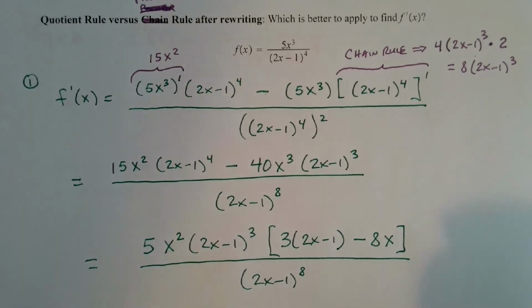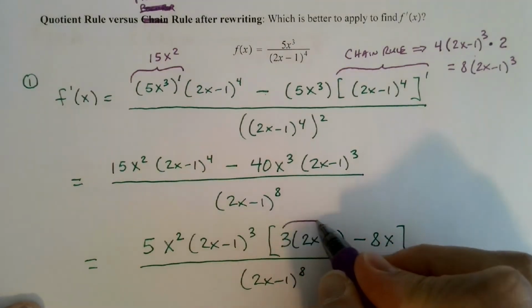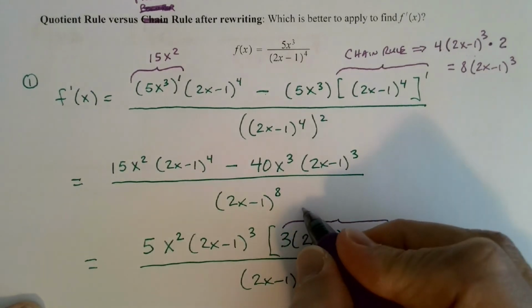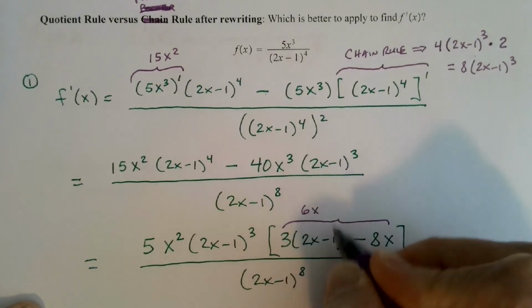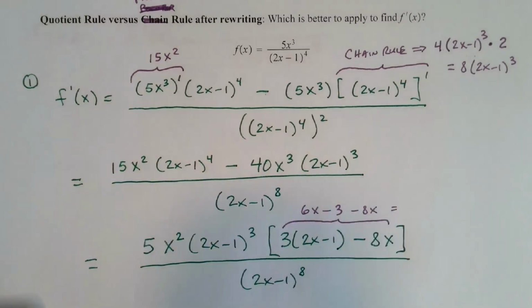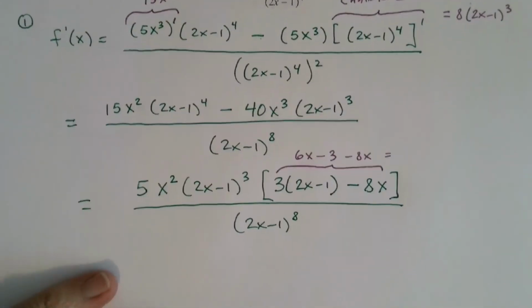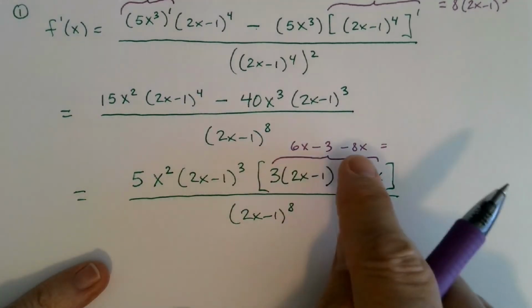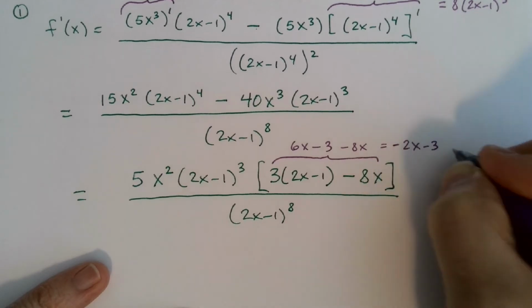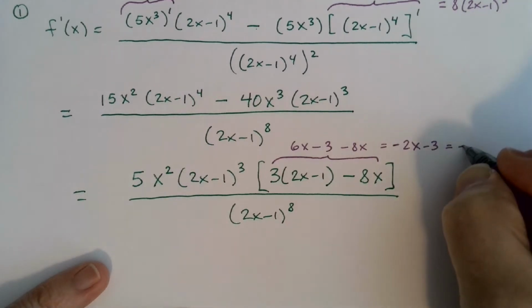And then we can simplify what's in the hard brackets here. 3 distributed through here gives me 3 times 2x is 6x minus 3 minus 8x. And 6x minus 8x is negative 2x minus 3. I'm going to go ahead and factor out a negative 1 from this.